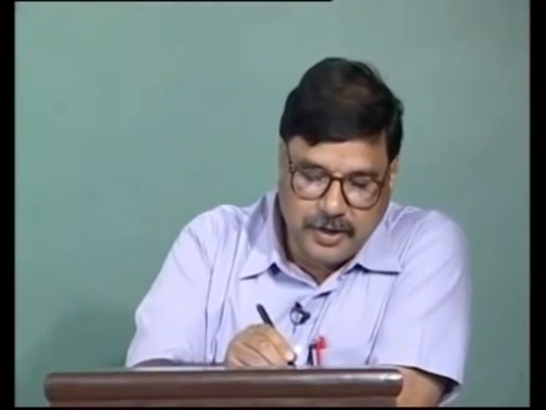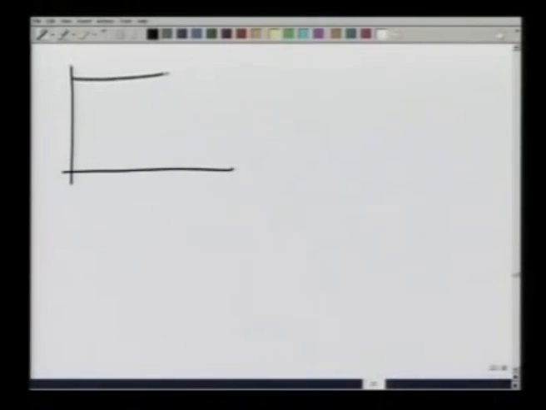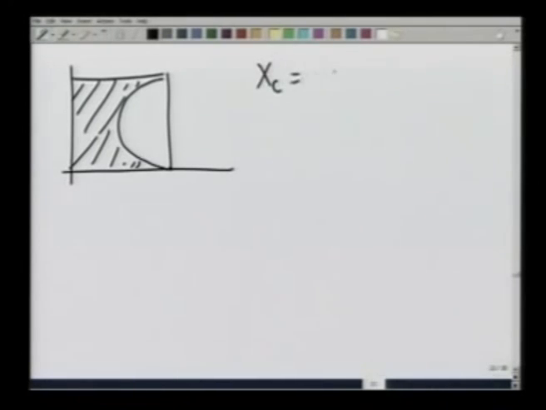We have already calculated that for a square xc is going to be a by 2, where a is its side.